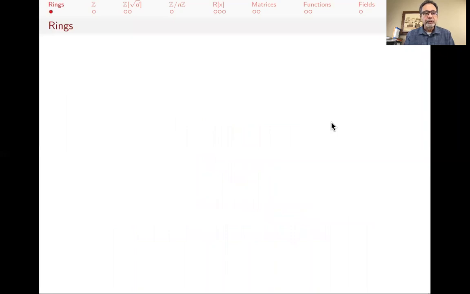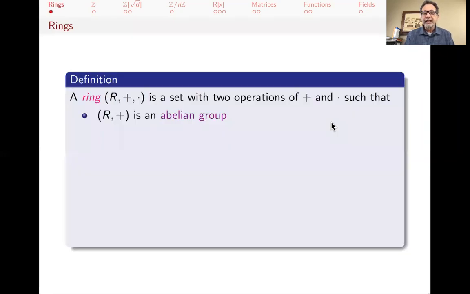So let me just remind you what rings are. A ring is a set, an abstract set. We are not identifying what the elements of the set are. We're just saying we have one set and two operations that we're calling addition and multiplication. The set together with the addition should be an abelian group.